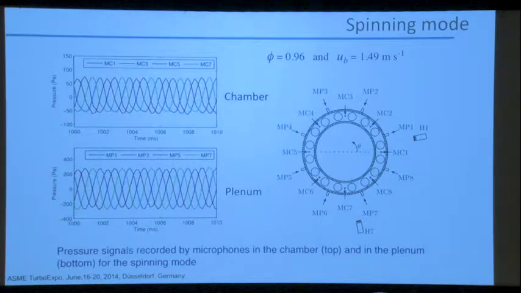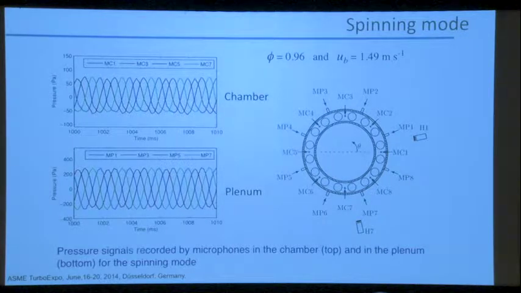And in the chamber, the microphones look like that. This is a spinning mode this time. And you see that in the chamber as well as in the plenum, the signals have these wave shapes, almost like in a textbook, where you see a spinning mode.